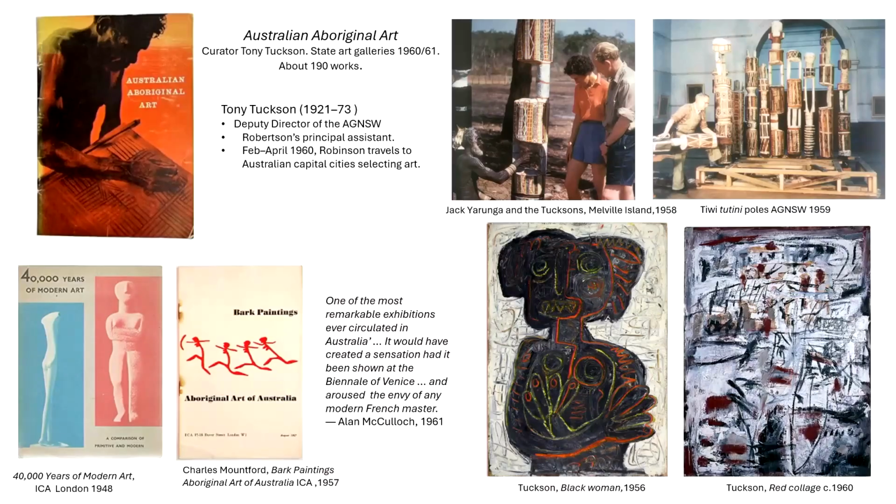Interested in Aboriginal art and Jackson Pollock. And first discovers Aboriginal art at the same time he discovers Pollock, around 1949, 1950. Alan McCulloch, art critic in Melbourne, thinks this exhibition is just amazing and that we should send it to the Venice Biennale.